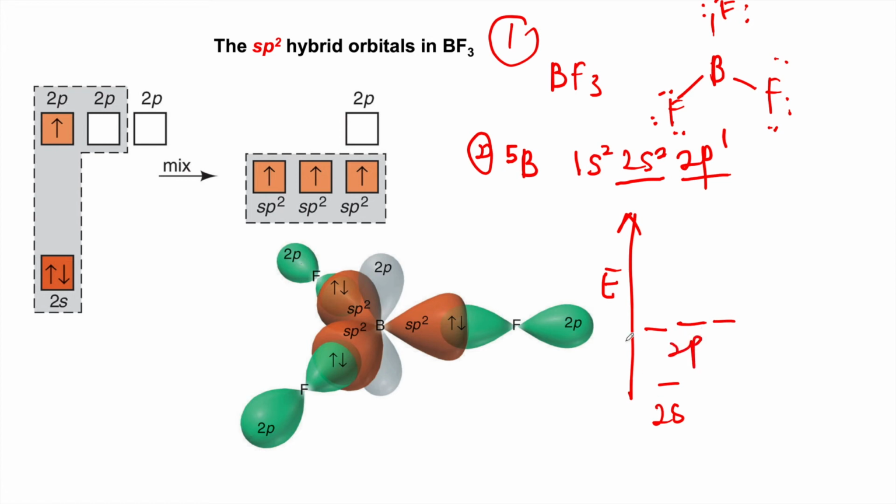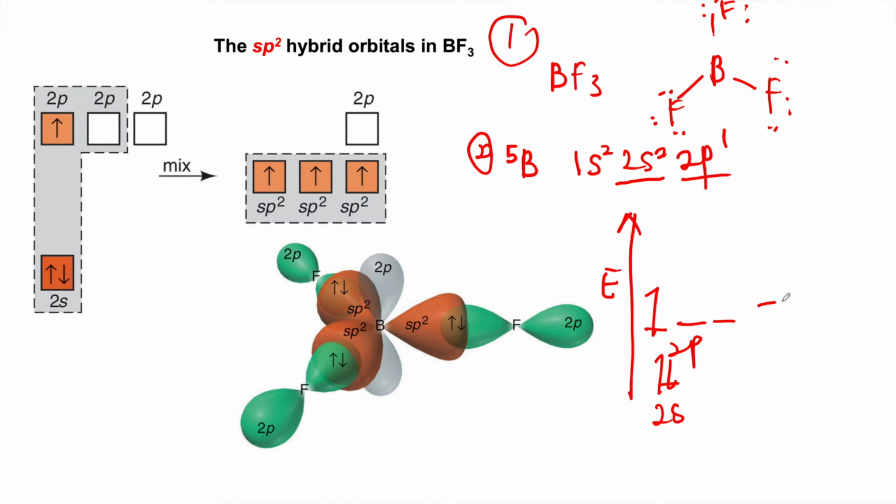The electrons in 2s are 2, while for the 2p1 we have 1. This is where we have the p orbitals, and this is the overlapping between s and p.